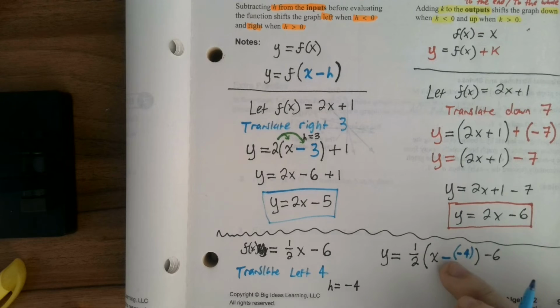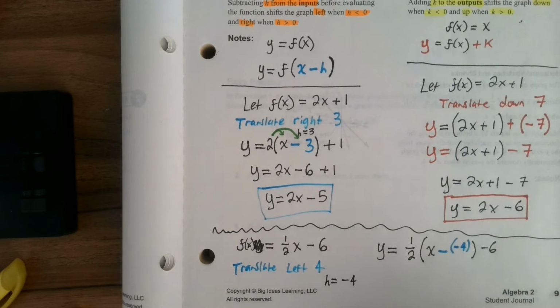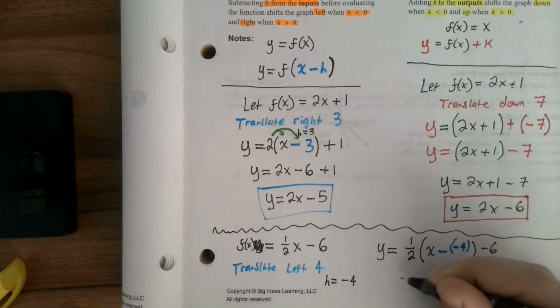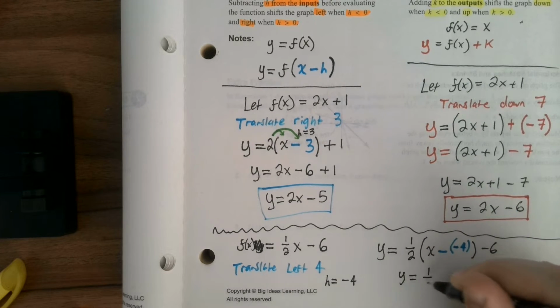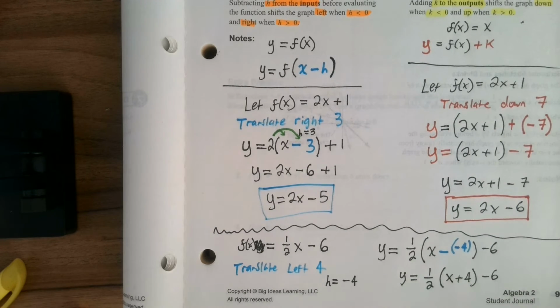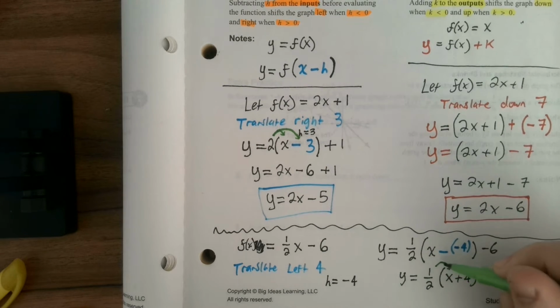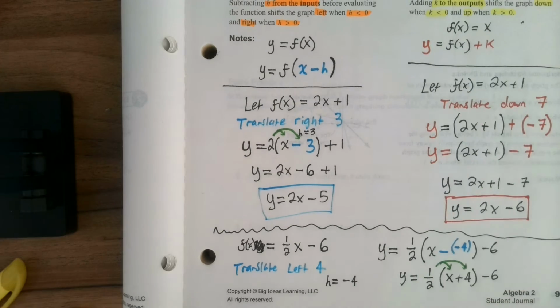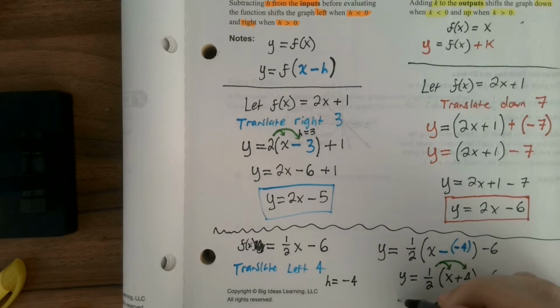Well, hang on a second. Minus and negative, is there something we can do there before we start simplifying? We recognize that minus and negative is just the same as plus. So this is 1/2 x plus 4 minus 6. And just like before, we can distribute. 1/2 times x is 1/2 x. 1/2 times 4 is just 2.